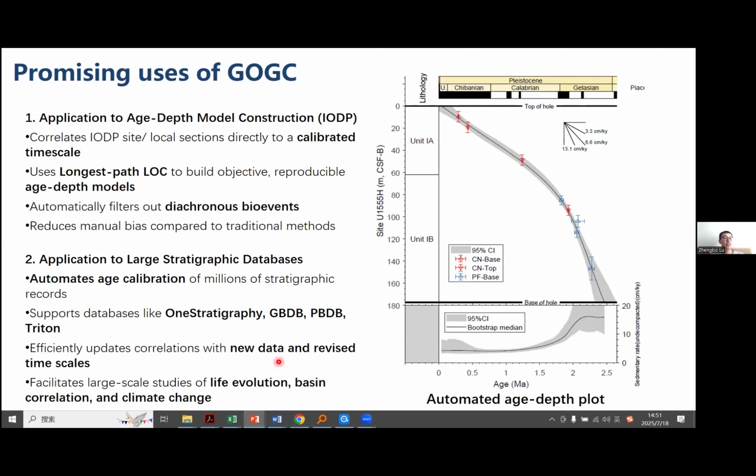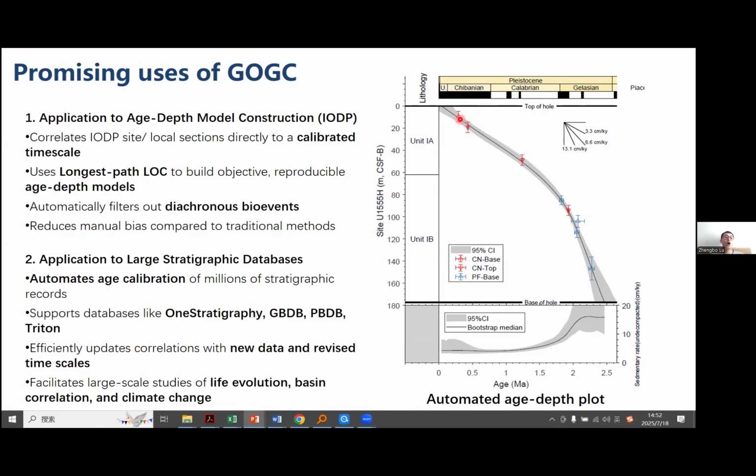And another use is that recently we are trying to apply our GeoGC in an International Ocean Drilling Project (IODP) to generate the age depth model construction, as shown in the right figure, where we correlate one core from IODP site U1555 directly to a calibrated timescale, that is the GTS 2020 generally.